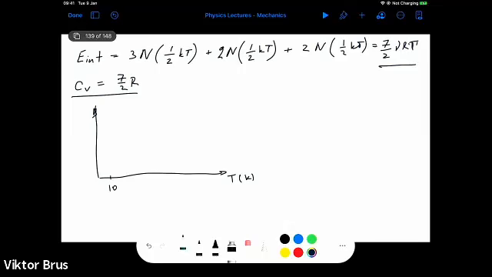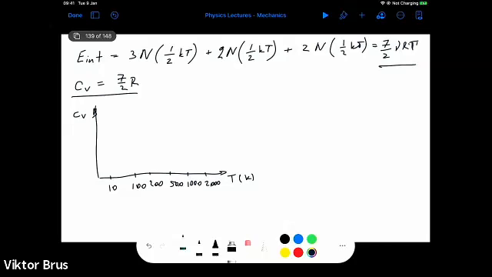Let's have 10, 100, maybe 200, then 500, 1000, 2000, and so on. So we have a logarithmic scale on this axis, and here we have just a linear scale for specific heat capacitance.